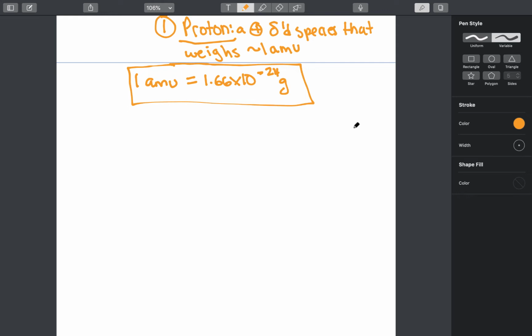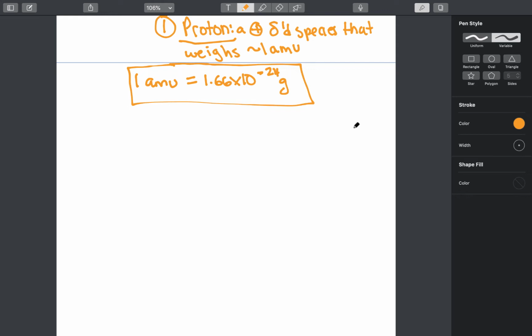So an atomic mass unit is very, very small. And that's why we use atomic mass units to describe the mass of some atomic species and not grams. Because imagine saying that a proton weighs 1.66 times 10 to the negative 24th grams. It's a lot of words. So instead we just use atomic mass units.